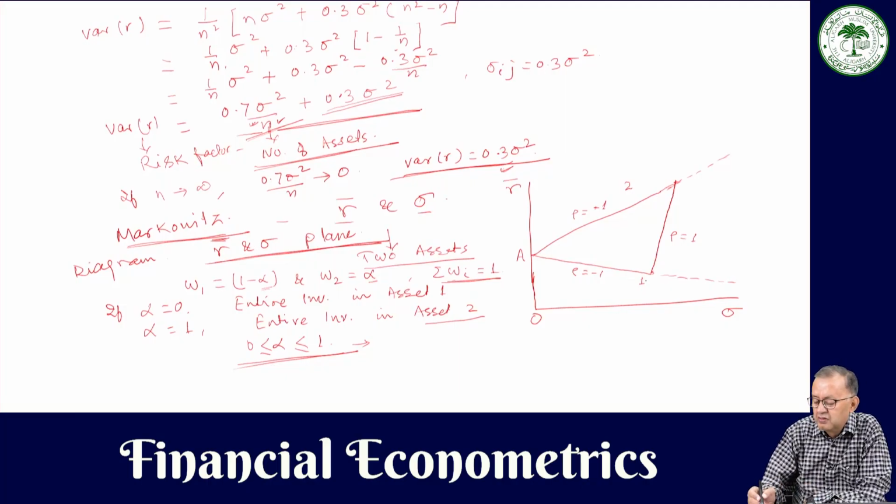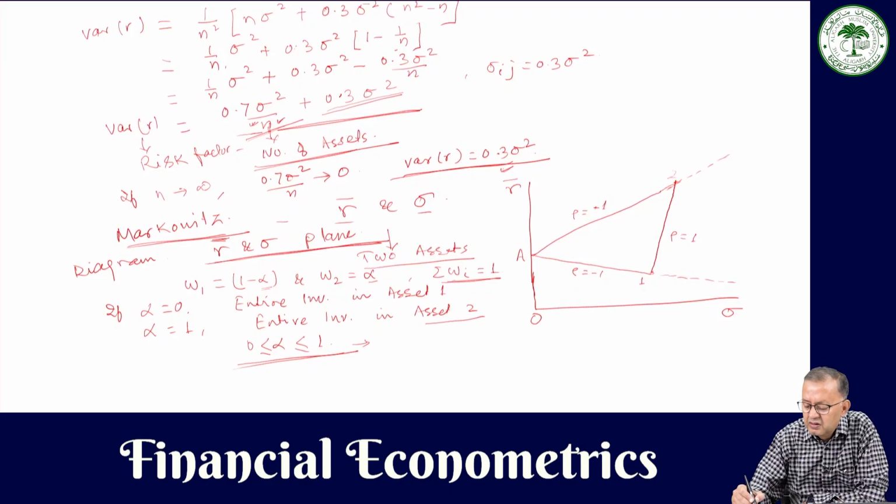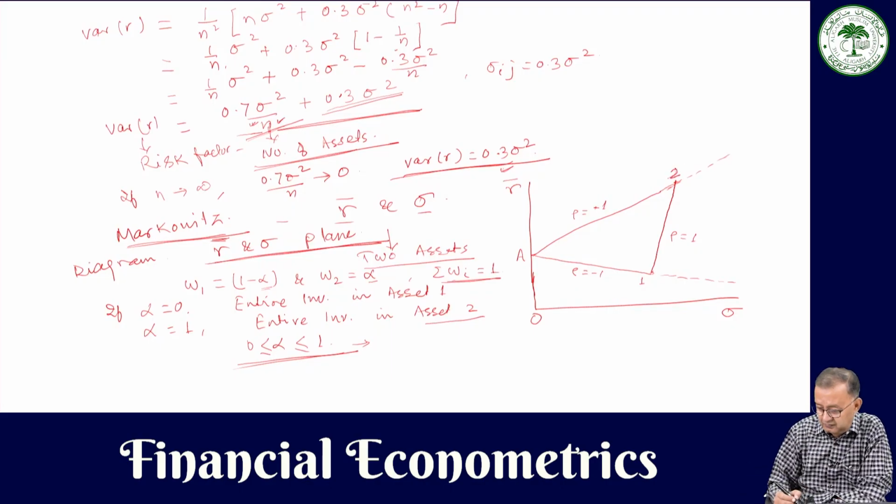And this path from 1 to 2, let this be 0.1, let this be 0.2. Now this is under the assumption when the correlation coefficient is equal to 1.